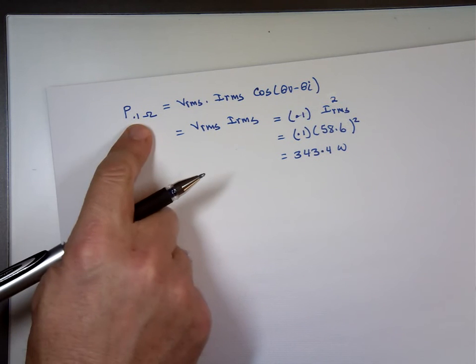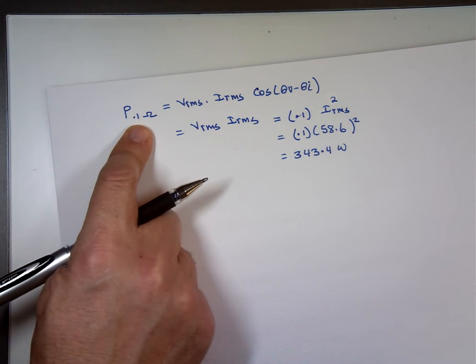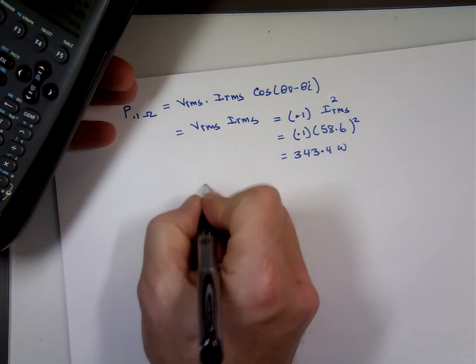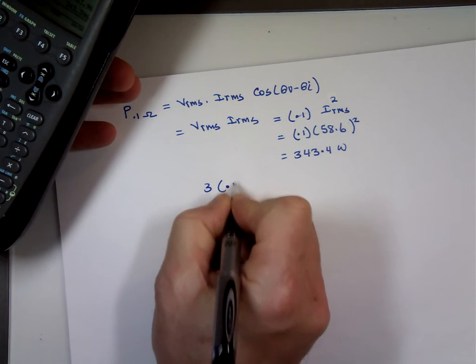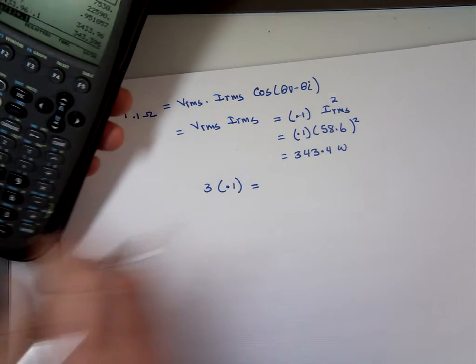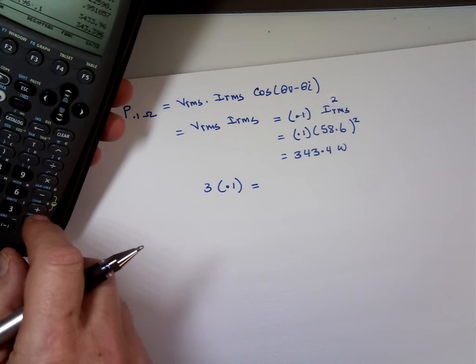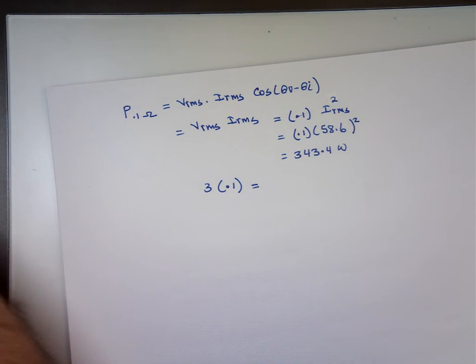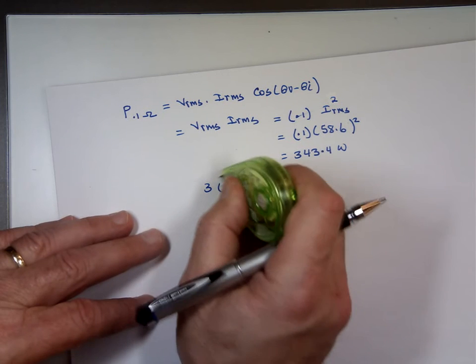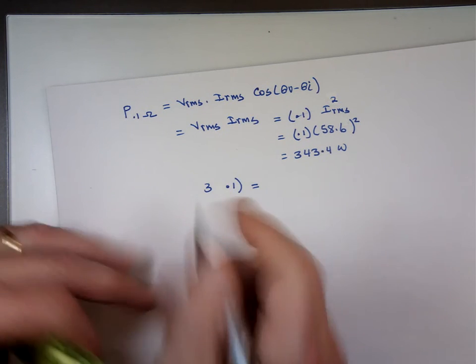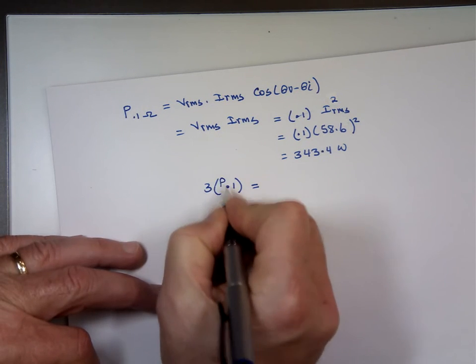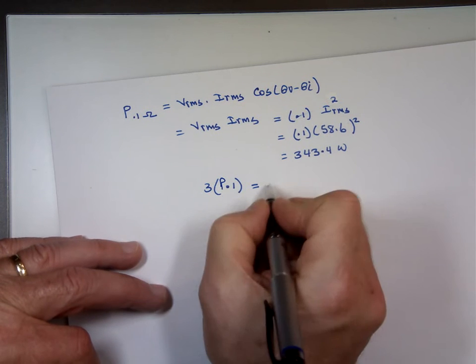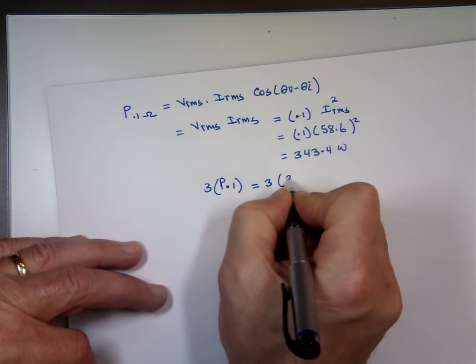How many of these resistors? Three of them. So what is 3 times 0.1? Not 0.1, 3 times the power through the 0.1 ohm resistor. That's 3 times 343.4.